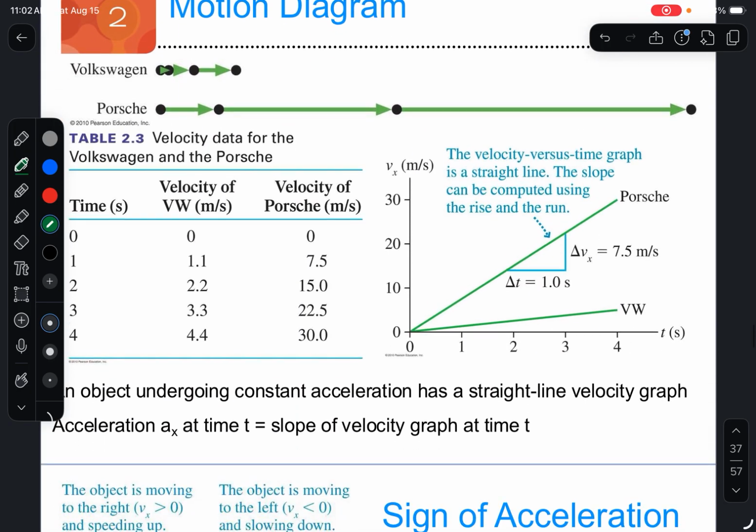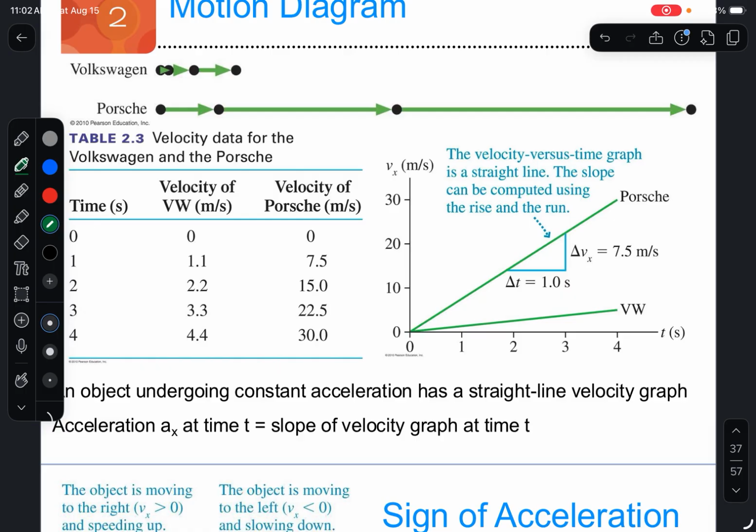Now, if we go back to our motion diagram, in this case we have a Volkswagen and a Porsche, and you can see we've done a table as well as a velocity versus time graph for them. An object that's undergoing constant acceleration is going to have a straight line velocity graph.